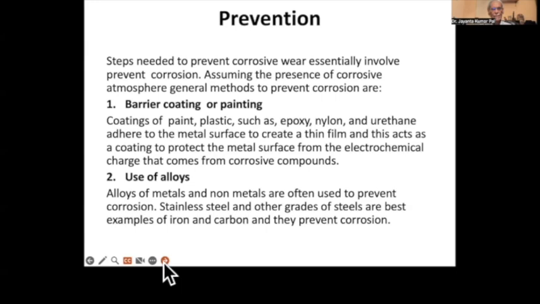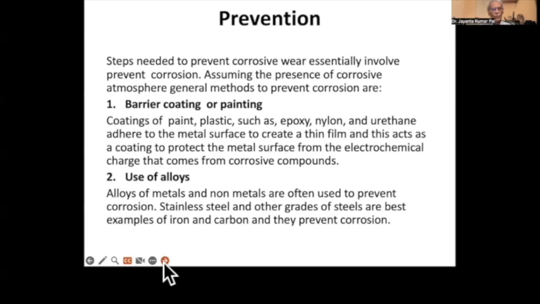Painting, plastic such as epoxy, nylon, urethane, and other coatings will adhere to the surface to create a thin film, and this will act as a coating to protect the surface from electrochemical changes.